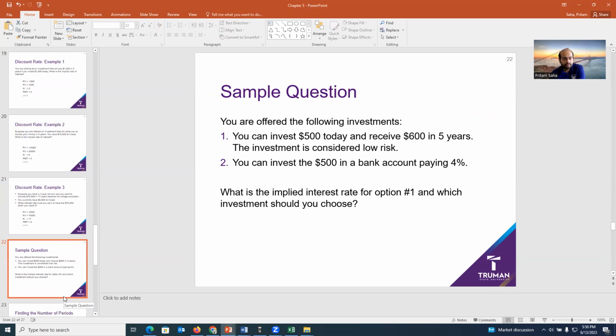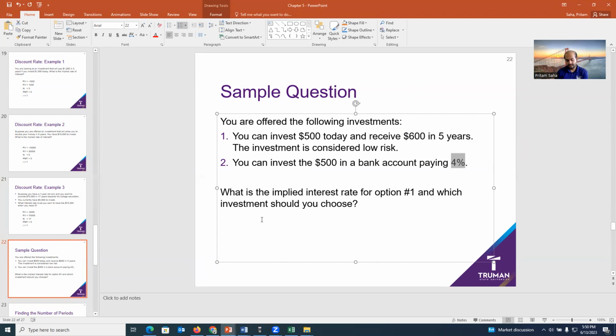So we're talking about discount rate. We did not move to number of periods yet. You are offered 2 options: invest 500 today and receive 600 in 5 years, or you can invest 500 today, paying 4%.